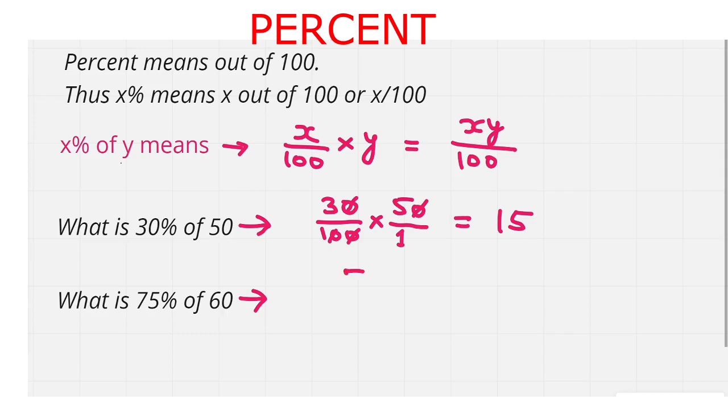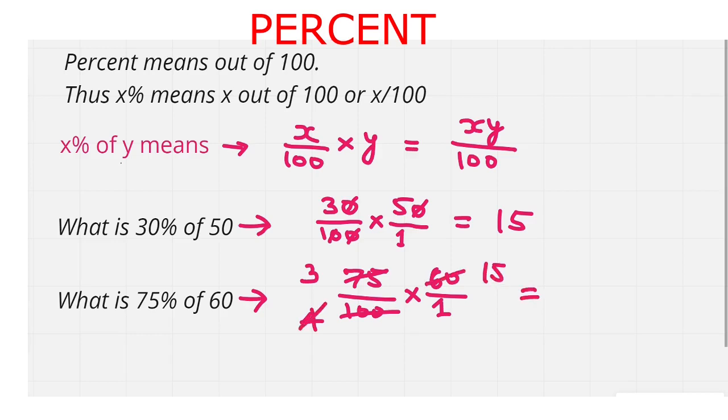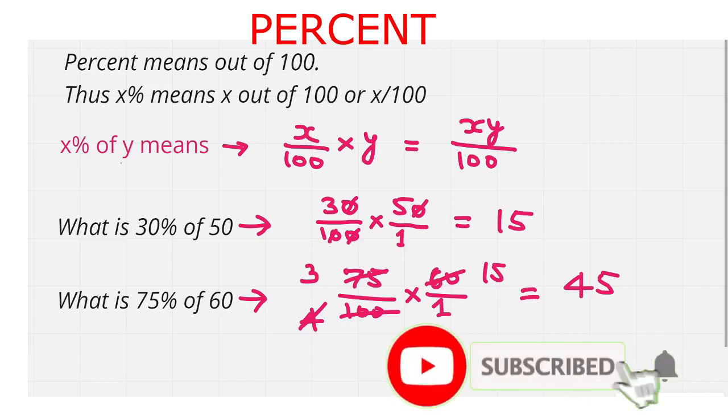So we write 75 upon 100, which is 75%, and multiply it by 60. 25 cancels 75 for 3 times and 100 for 4 times, so this is 3 upon 4. 4 cancels 60 for 15 times, so this is 15 times 3, which is 45. Thus 75% of 60 is 45. This way we can understand the meaning of percent.